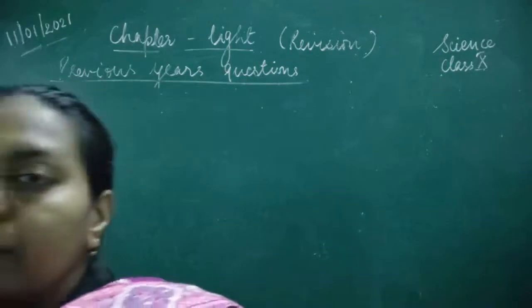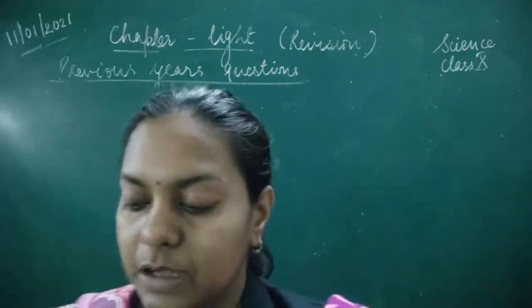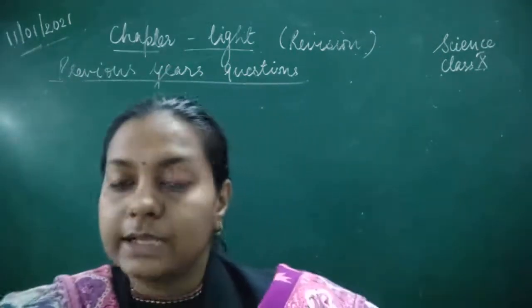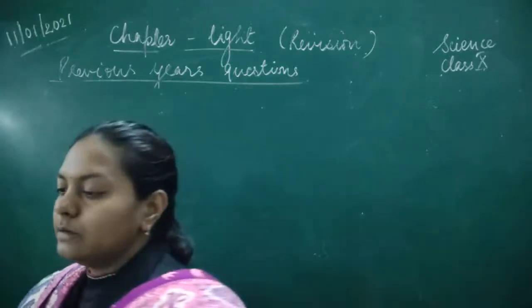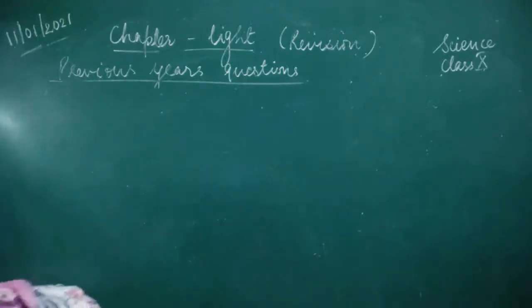What are the minimum number of rays which are required for locating the image on a concave mirror?